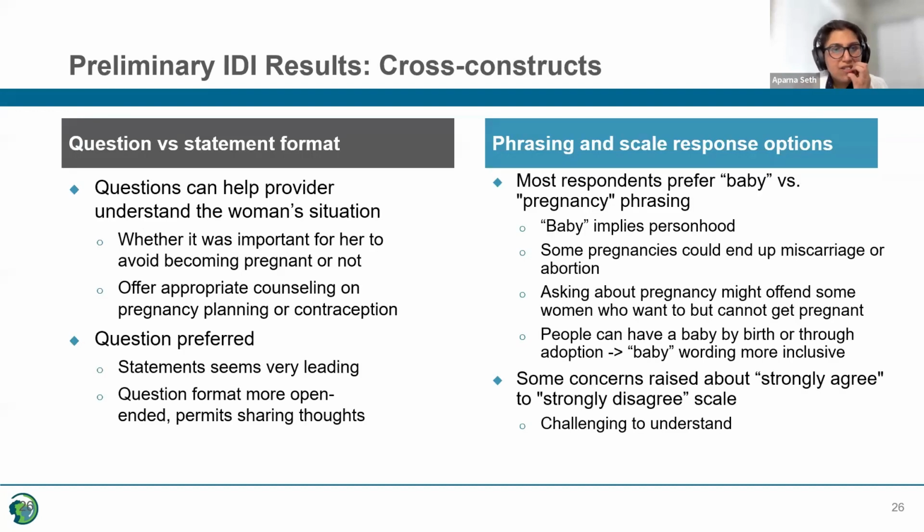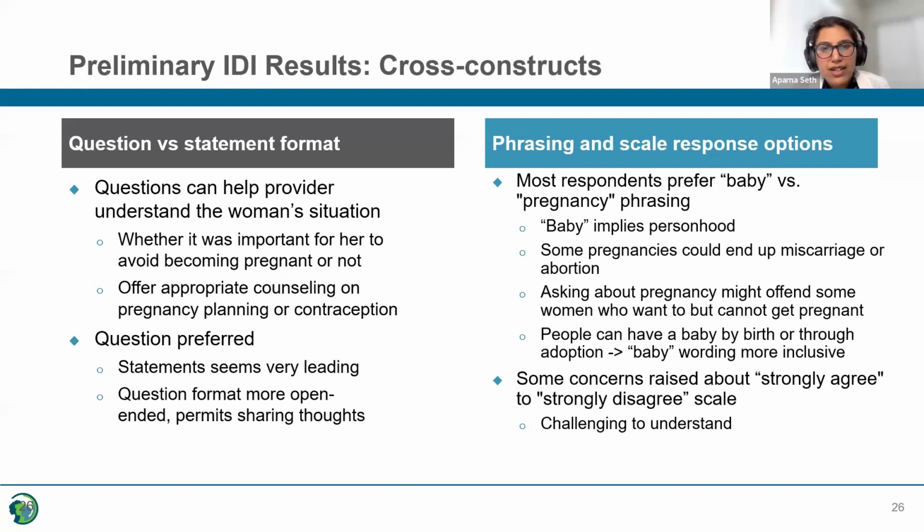Our participants thought that the question format was easier to understand, and the statement format seemed more like a directive, with less space for them to think about and give responses. So they thought it would be better if our scale included scale items worded as questions.